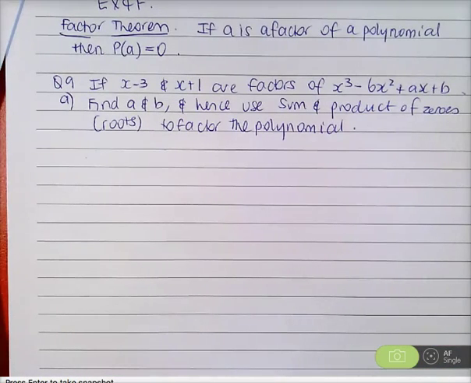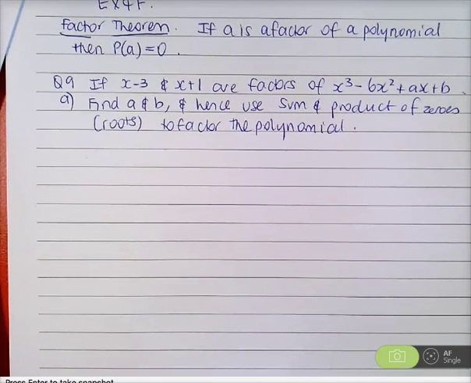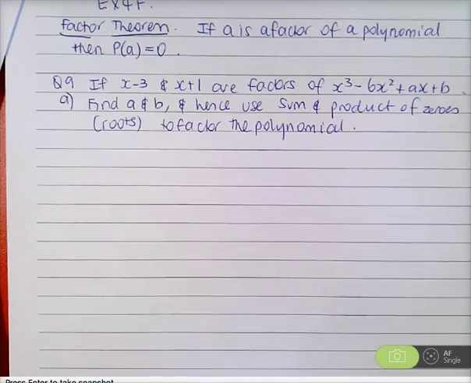If x minus 3 and x plus 1 are factors of x cubed minus 6x squared plus ax plus b, find a and b, and hence use the sum and the product of the zeros. Now the zeros are really the roots. That's just another name for the roots of the polynomial.